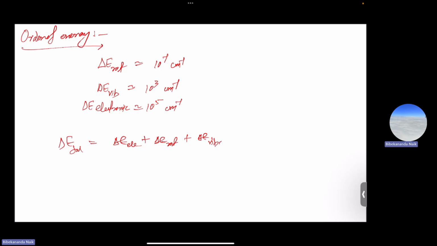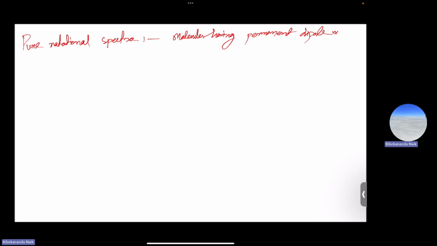And if you talk about pure rotational spectra, it is exhibited by molecules which have a permanent dipole moment, and they are called microwave active molecules.